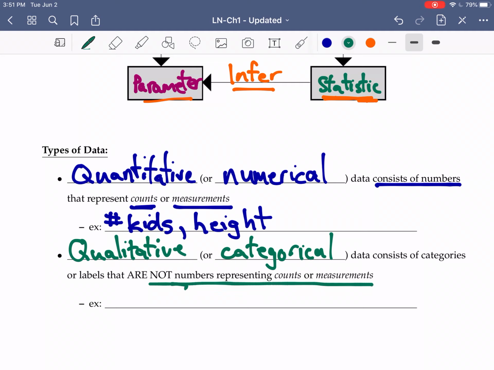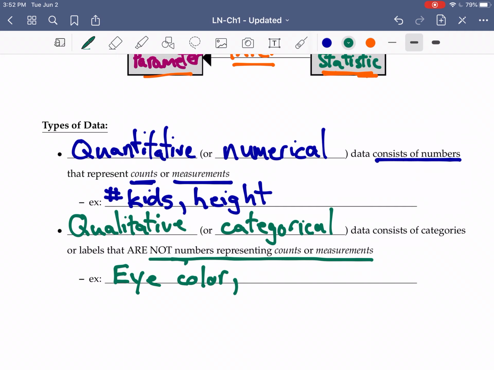Now, be careful with that sentence, because it doesn't end at "they are not numbers"; it is that they are not numbers representing counts or measurements. Qualitative measures that you might have would be eye color, so you might separate something or collect information based on eye color.